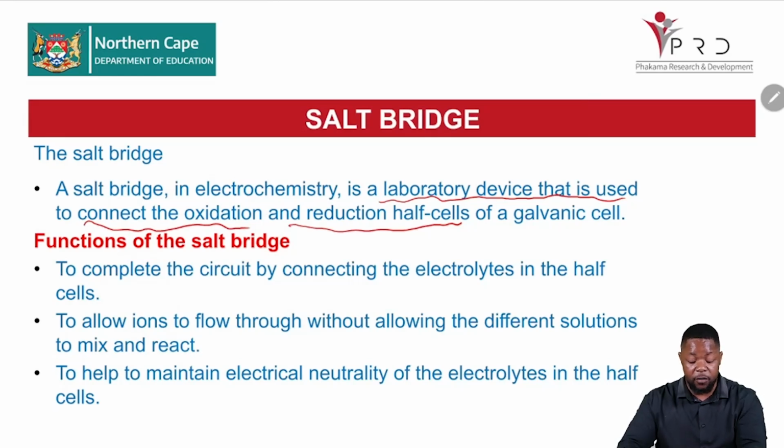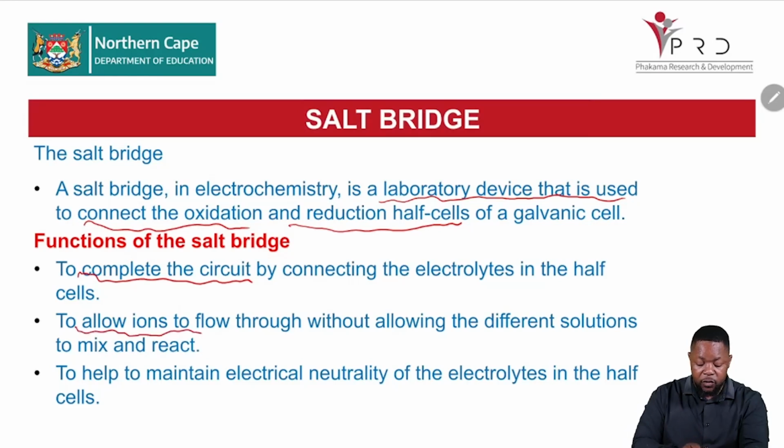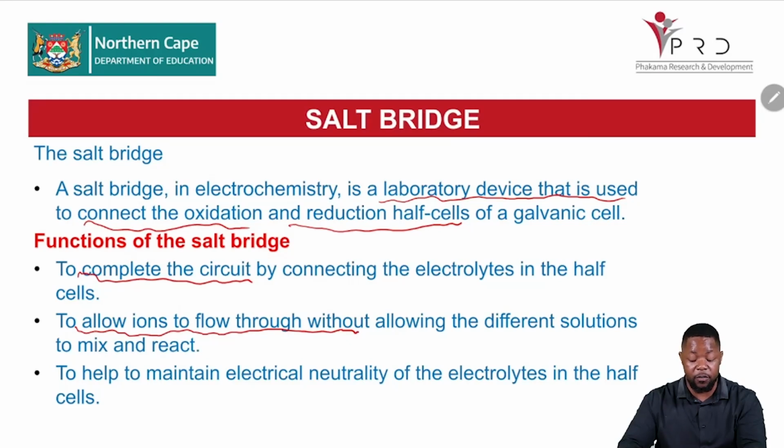What are the functions of a salt bridge? It completes the circuit by connecting the electrolytes in the half cells. It allows ions to flow through without allowing the different solutions to mix. So the solutions will not mix because we have a salt bridge.